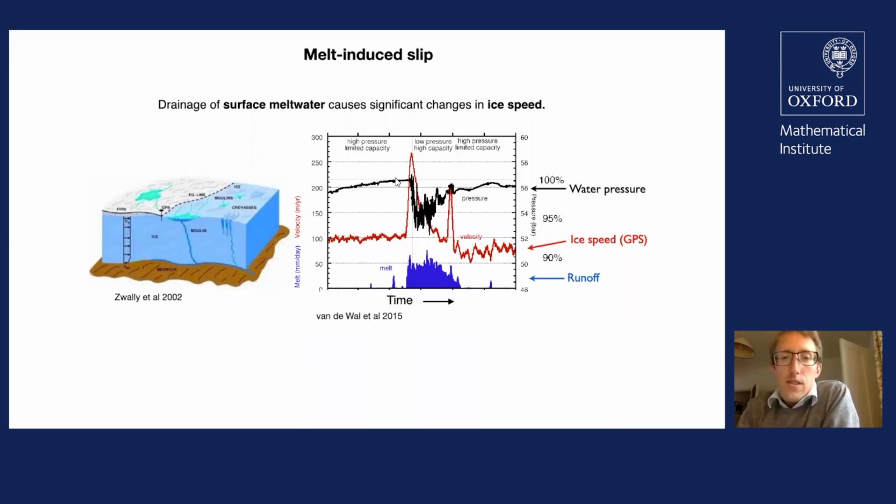The red line here shows the ice speed measured by a GPS that's been stuck onto the ice surface. Basically, when you get all of this water flowing into those holes, the ice suddenly moves at twice the speed that it was previously moving at. This is something that Michael McPhail, who's currently doing a postdoc with me, is working on trying to model.